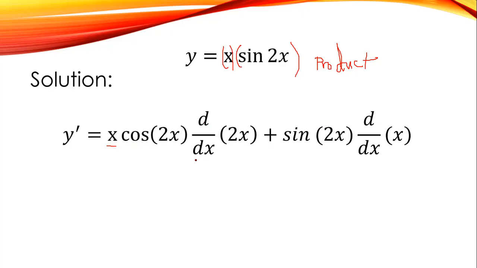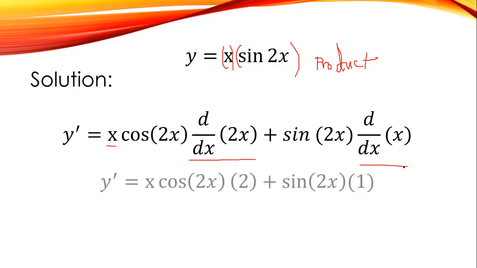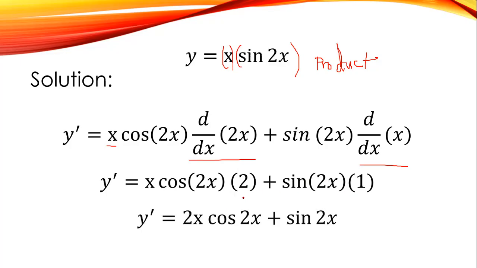What is the derivative of 2x? This is equal to 2. And what is the derivative of x? This is equal to 1. So we have x cosine 2x multiplied by 2 plus sine 2x multiplied by 1. So 2 multiplied by x cosine 2x is equal to 2x cosine 2x plus sine 2x. So this is the derivative of the given function y equals x sine 2x.